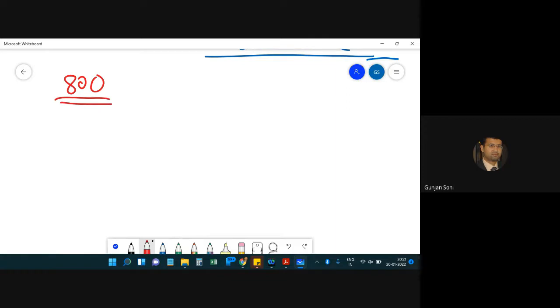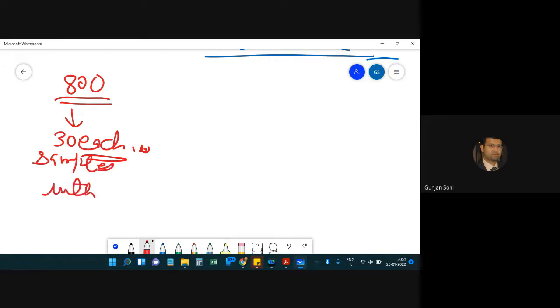So what I do is I draw a sample of 30 students each with replacement from the population. And how many? Let's say I draw 100 such samples.